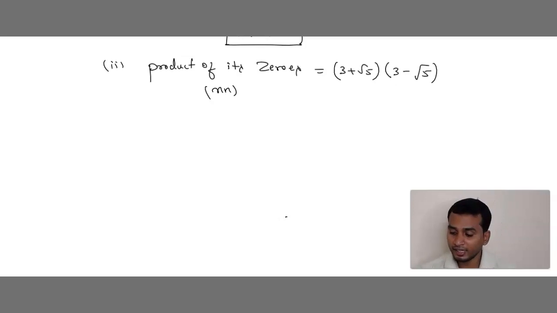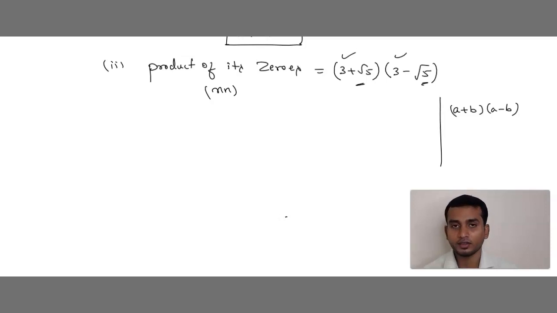If you know the identities, we can see here it is in the form of a plus b into a minus b, where a is 3 and b is root 5. Can you see this? So it is in the form of a plus b into a minus b. What is a plus b into a minus b? That is nothing but a square minus b square. So this is the identity.